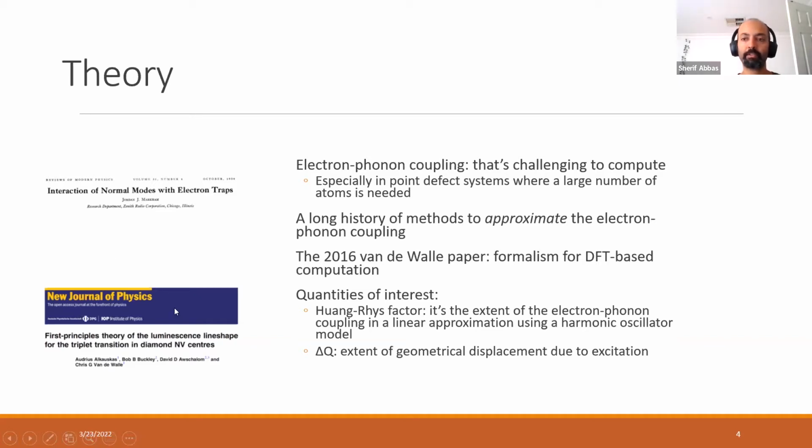But what's cool about this work is that the formalism expressed here is very relevant in terms of the symbols and the mathematical notation. And also it's based on DFT, and they used VASP, right? So they published the photoluminescence line shape using VASP and using many flavors of VASP.